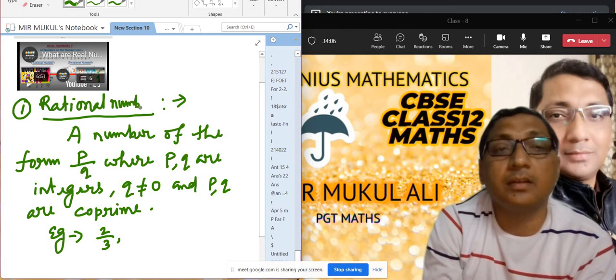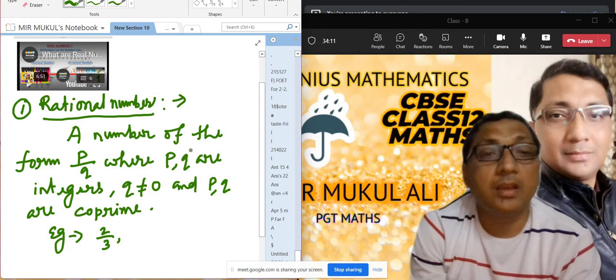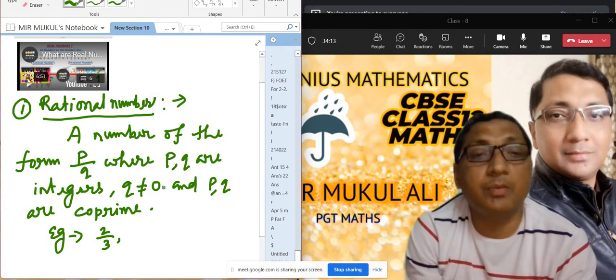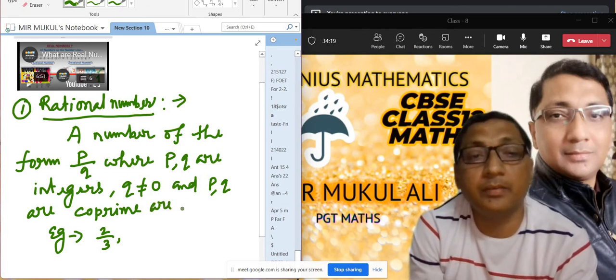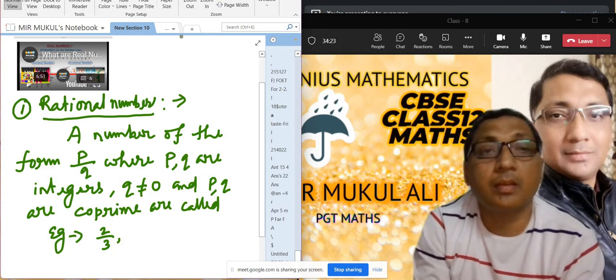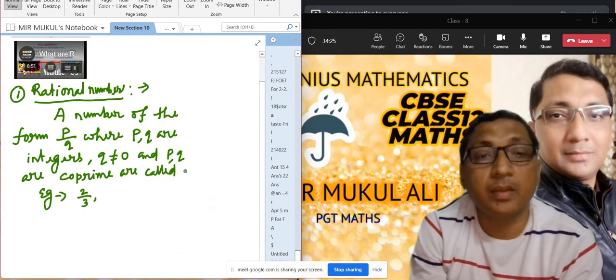Okay, so a number of the form p by q, where p, q are integers, q not equals to 0, and p, q are co-primes, are called rational number.